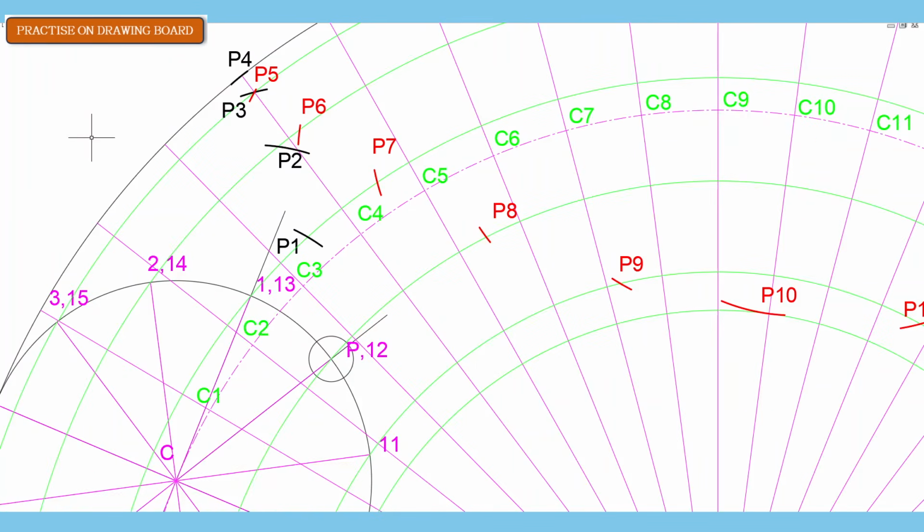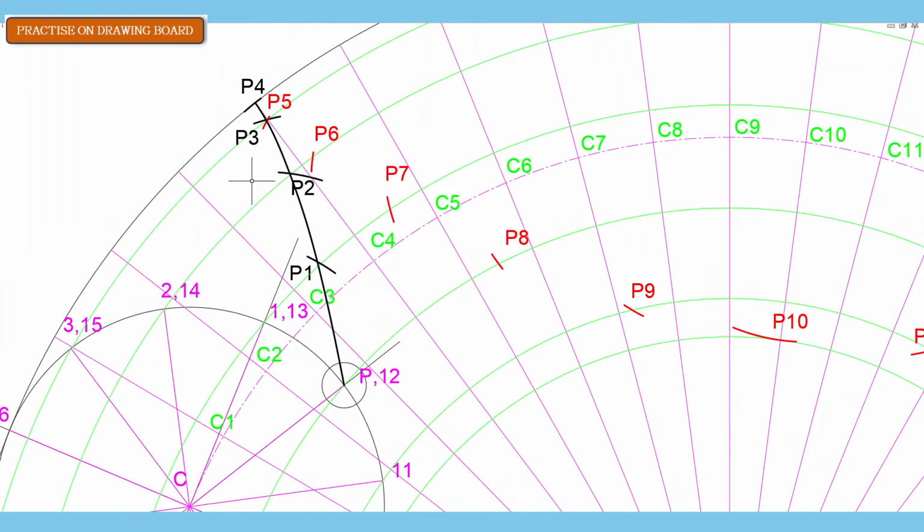So you can use your drawing instrument, you can use your French curves to join these points together. So we'll start from P through P1, P2, P3, and then P4.